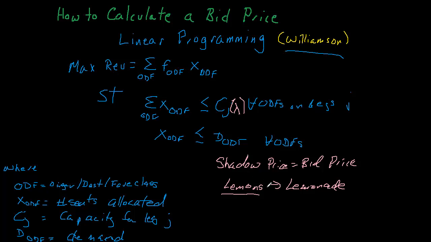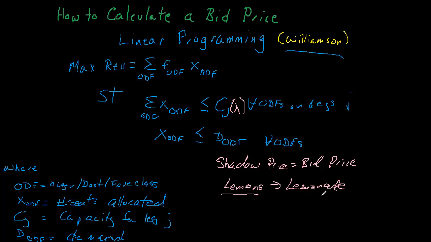If a 50-cent increase in their cost of lemons only resulted in a 40-cent increase in their revenue, then that would not be a good business decision. So that change in revenue resulting from the additional lemons is the shadow price. And normally businesses use this to analyze whether they should make changes in their constraints relative to their objective function. So that's how it would work in a lemonade stand.